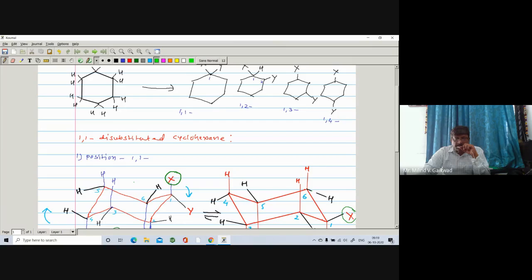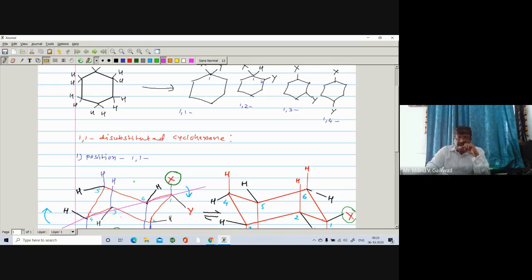I will take such a color. So in this case, a plane is passing through carbon number 1 and carbon number 4.